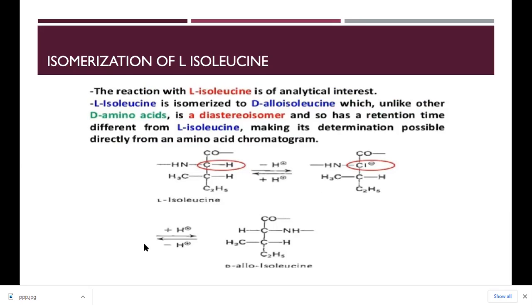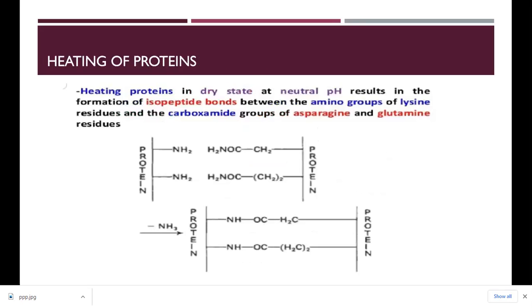The isomerization of L-isoleucine makes D-alloisoleucine, which is a diastereomer. Stereoisomers means non-mirror images that don't have identical isomers.